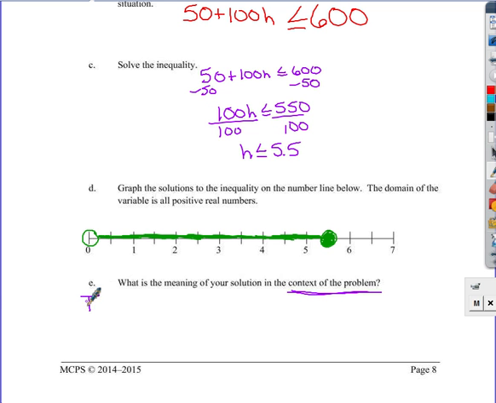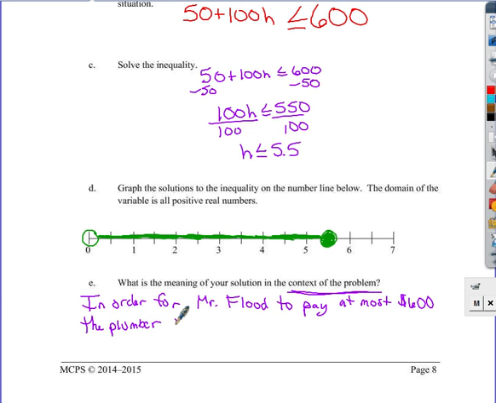Well, it means in order for Mr. Flood to pay at most $600, the plumber can spend at most 5.5 hours fixing the leak.